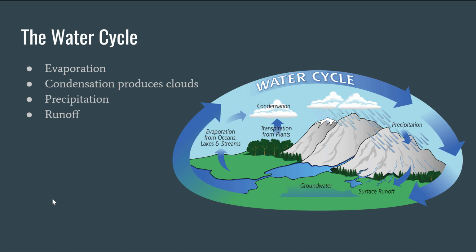Basically, from heat, water evaporates from oceans, lakes, and streams and enters the air as water vapor. Water vapor is an important greenhouse gas. Greenhouse gases like water vapor, carbon dioxide, and methane are important for insulating the earth and keeping the planet warm enough to maintain life.